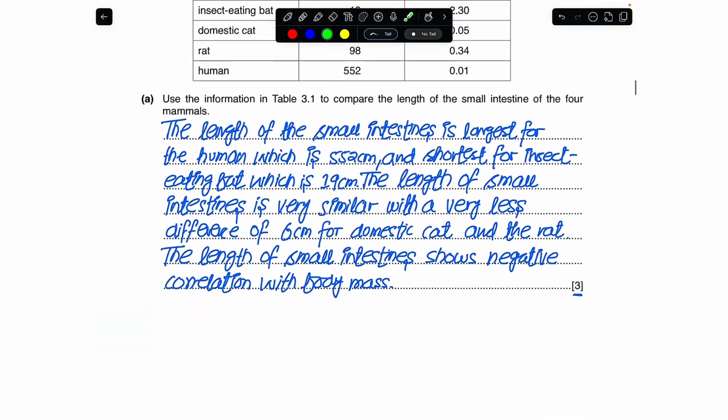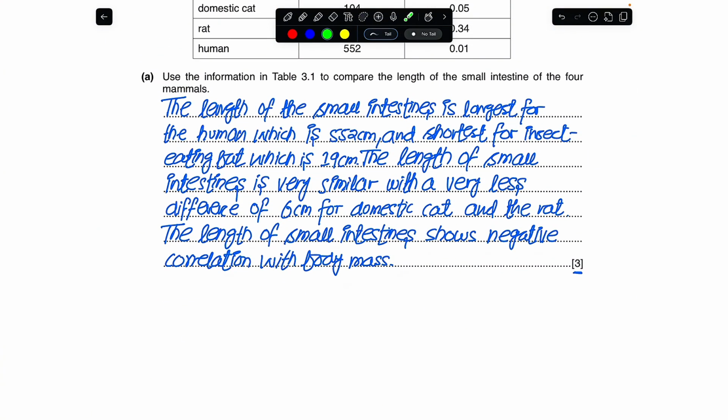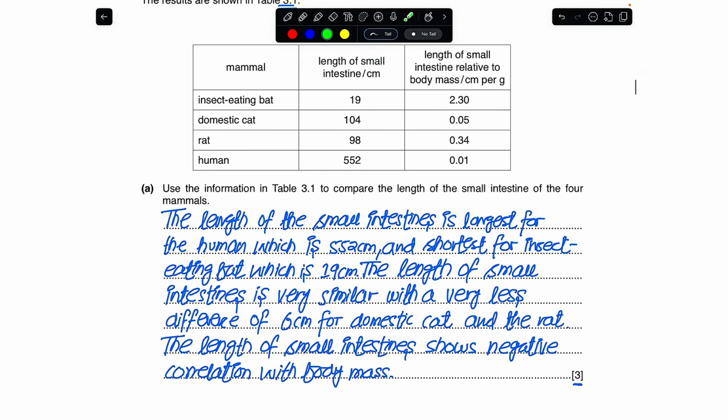So how the answer needs to look is that the length of the small intestine is longest for the human, which is 552 centimeters, and shortest for the bat, which is only 19 centimeters. And what I have said is that for the domestic cat and the rat, the length of their small intestine is very similar, with a slight difference of 6 centimeters.